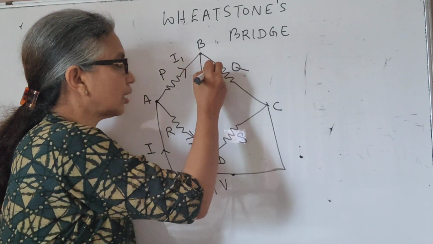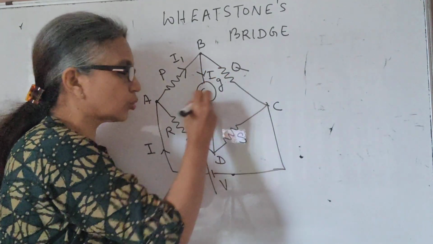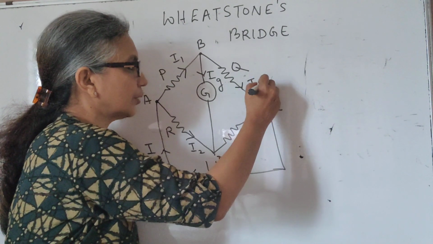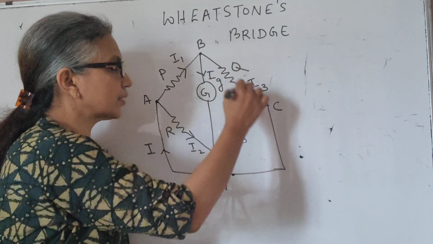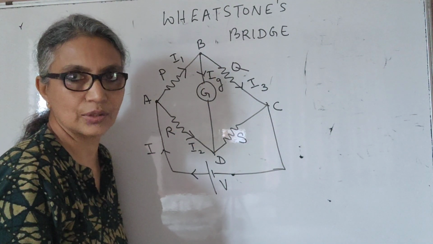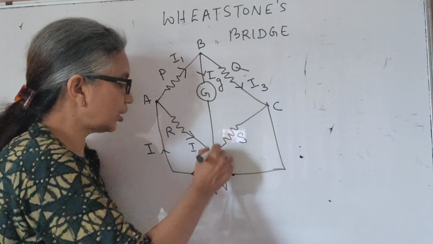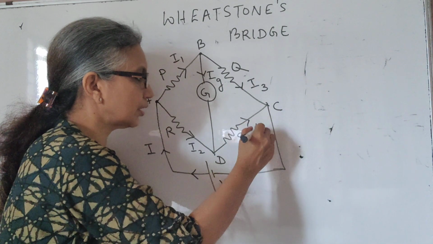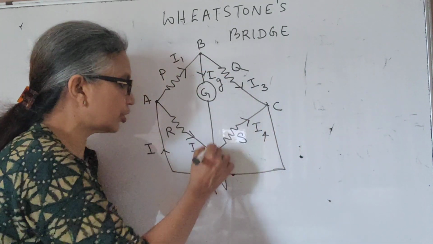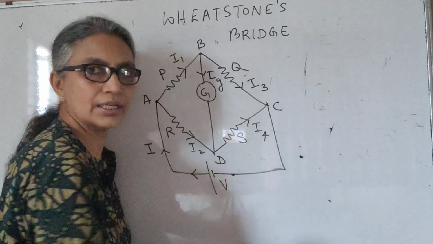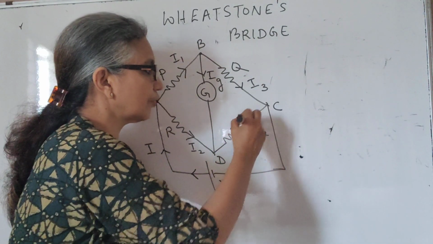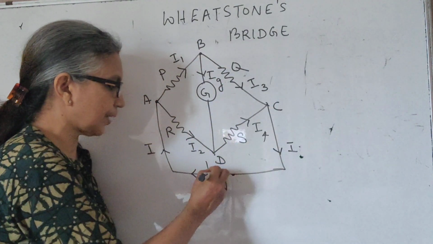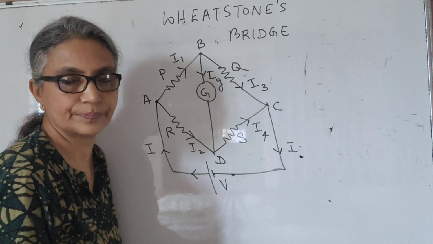So I'm going to take the current IG, which passes through the galvanometer, and then I'm going to take this as I3, so that IG plus I3 should be equal to I1. Now here IG and I2 are entering, and let me say that is equal to I4. So IG plus I2 is going in as I4, and here we have I3 and I4 entering together to give you the original current back to the battery negative.